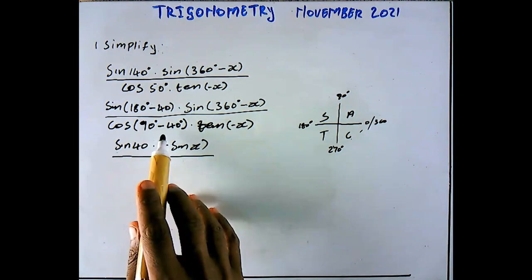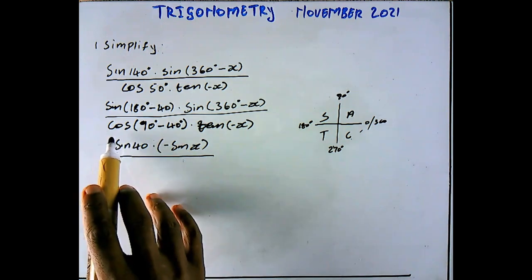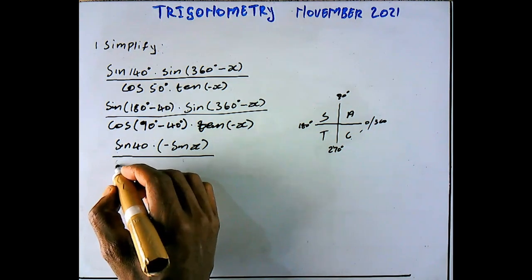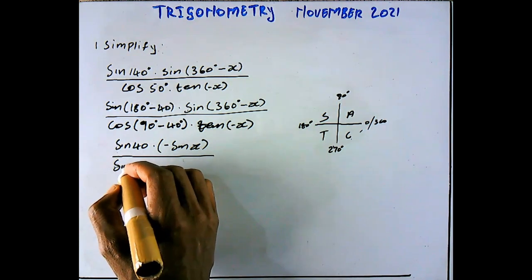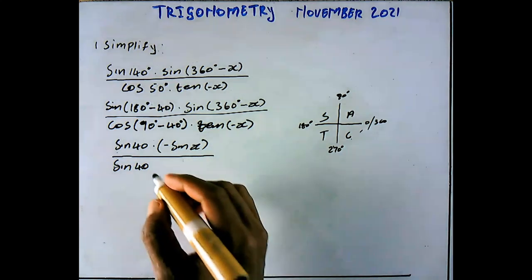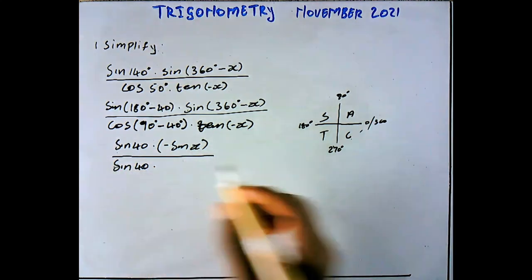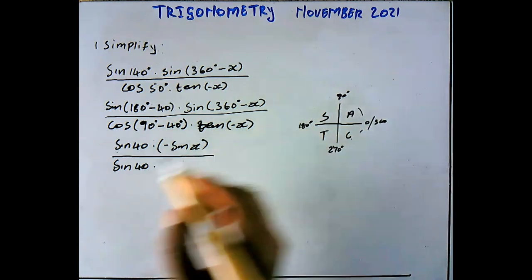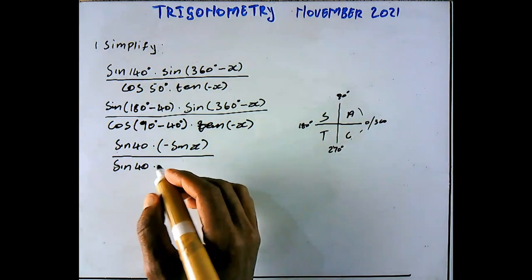If it's cos, it changes to sine. If it's sine, it changes to cos. So here we are going to have positive sine 40, because it's 90 minus, and in this quadrant everything is positive.